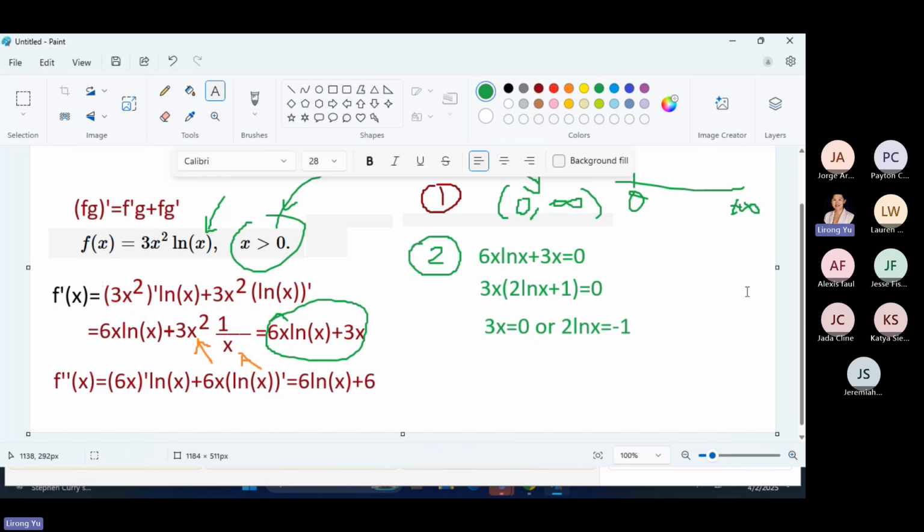Or you can see it's 2 natural log of x plus 1 equal to 0, but then I move the 1 to the other side of the equation. Are you okay? So we're going to solve this. The first equation is easy to solve. 3x equal to 0. 3 is not 0. X has to be 0.